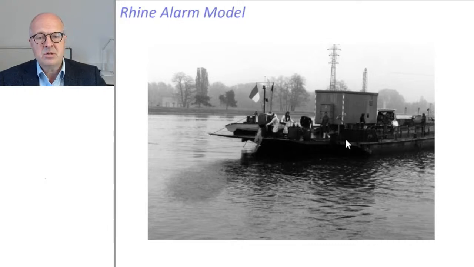So the decision was taken to actually do tracer experiments in the Rhine, add non-toxic substances, and follow these substances downstream to actually monitor when a pollutant would arrive at several stations downstream. Now, you see here a picture of one of these experiments.